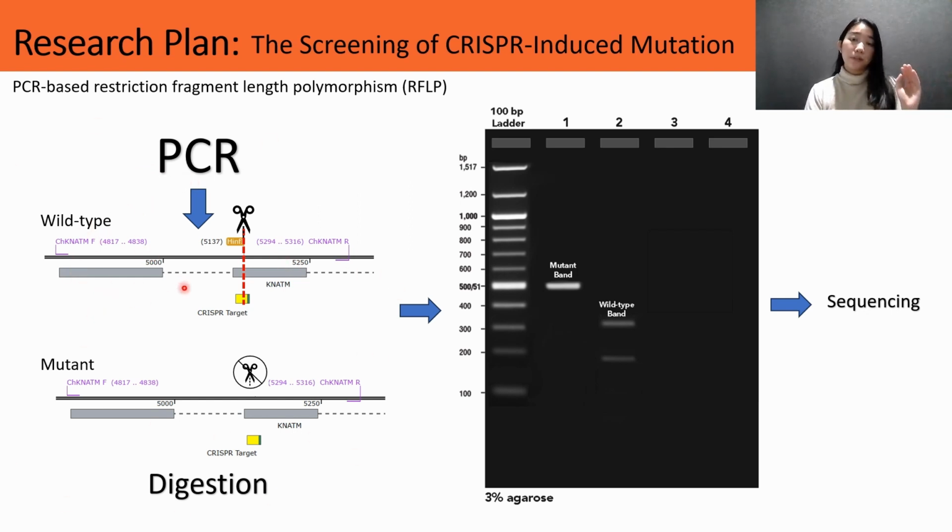For wild type, the restriction enzyme recognition site will still be intact, and therefore the enzyme will cut at the recognition site. However, CRISPR will alter the recognition site, and in mutant plants, the recognition site will not be there anymore, and the enzyme won't cut. And we can see this in the gel electrophoresis visualization with different band patterns. And the identified mutant plants were sent for sequencing.